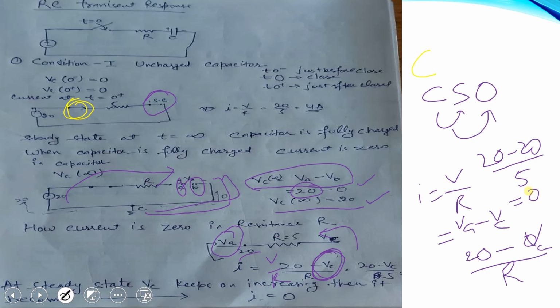So this is how the current is 0. Then at steady state Vc keeps on increasing, then it becomes I is equals to 0. This is what I have explained.